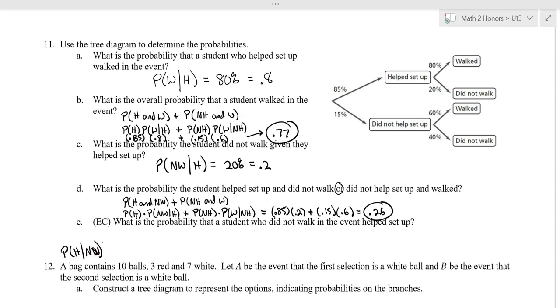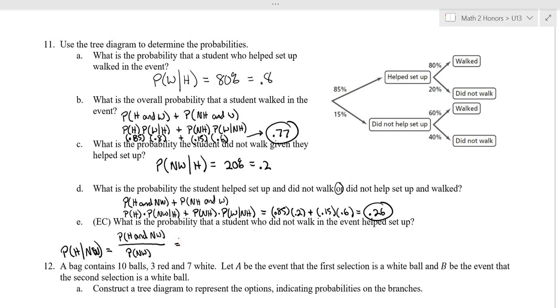So NW. Using that formula that I pointed out to you, that's the probability of H and NW divided by the probability of NW, not walking.